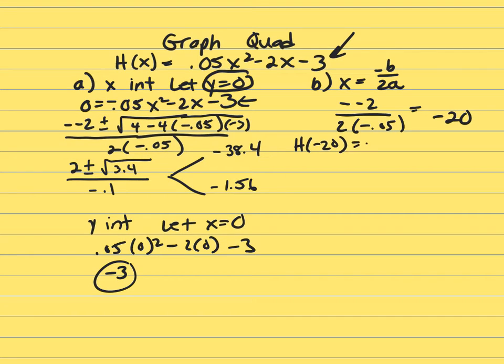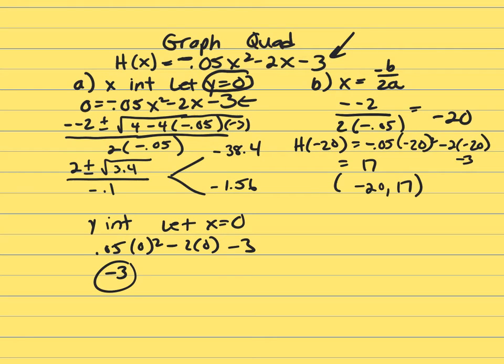So that would be negative, I've lost my negative, hadn't I? I've been working it correctly, but I didn't have it up there. Plugging in negative 20, so it's going to be negative 0.05 times negative 20 squared minus 2 times negative 20 minus 3, and that's going to give you a value of 17. So your vertex is negative 20, 17.